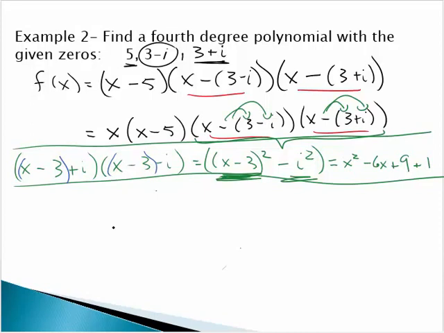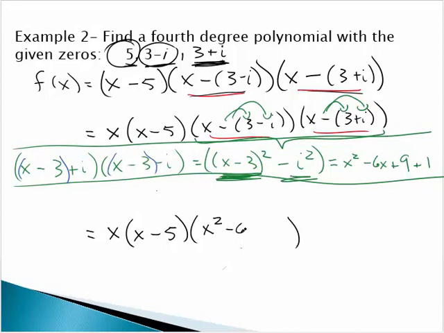So now finally I can answer the question. I have my first linear factor as x, which corresponds to x equals 0. That wasn't given, that's the one we came up with. My second factor, x minus 5, which goes with this 0 up here, 5. And then my two complex factors, the 3 minus i given and the 3 plus i that I had to realize was another 0 because complex zeros come in conjugate pairs. Right? And when I put that in, I multiplied out and I got the following quadratic, x squared minus 6x, 9 and 1 is 10.